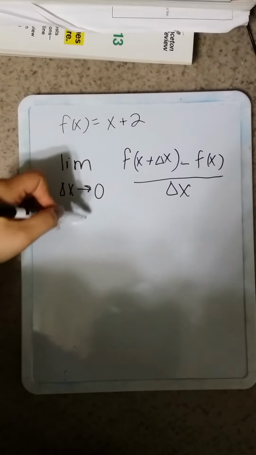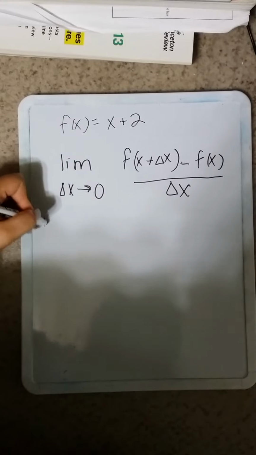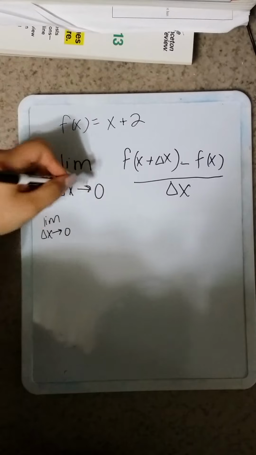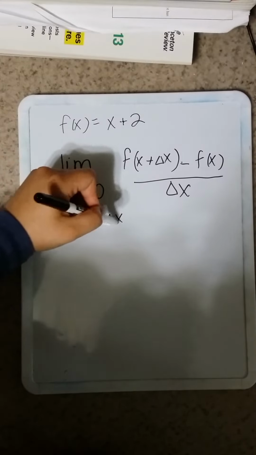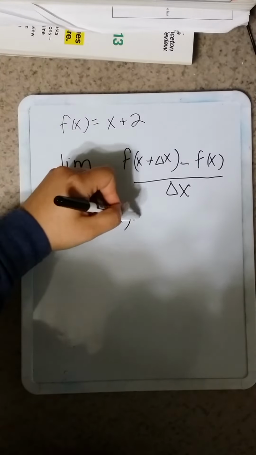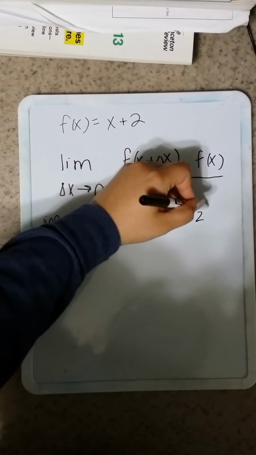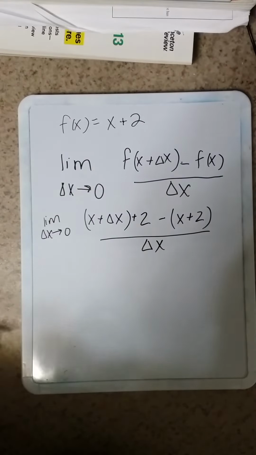And we're going to plug in x plus 2 into this. So, the limit as change of x approaches 0 of x plus change of x plus 2, minus x plus 2, all over change of x.